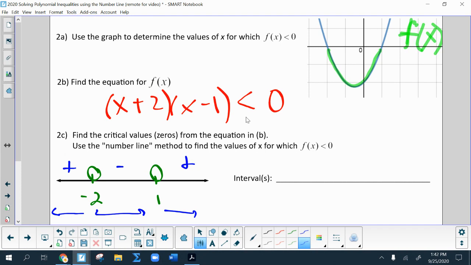And again, since I want less than, this is the region that I am looking to solve for. Here is my little graph. It goes just like this. And now I know that my interval notation answer will be negative 2 to 1.